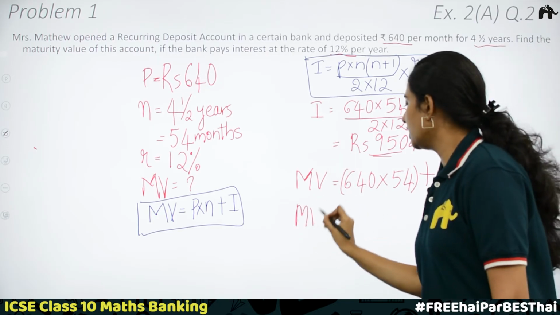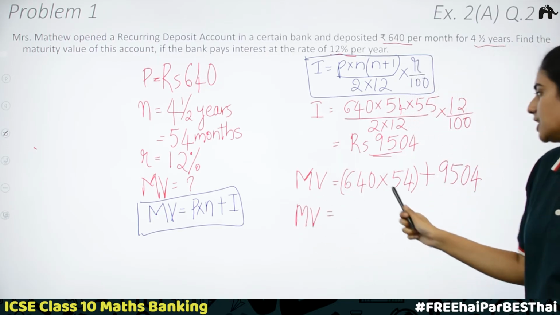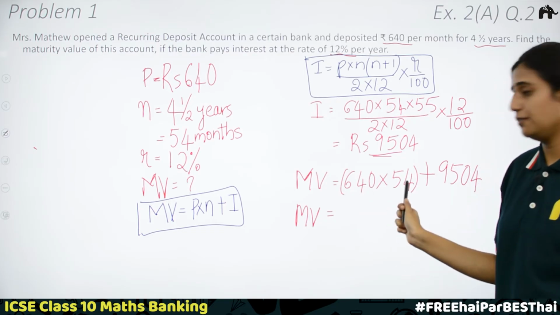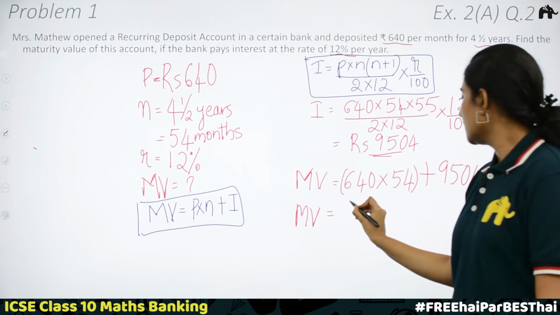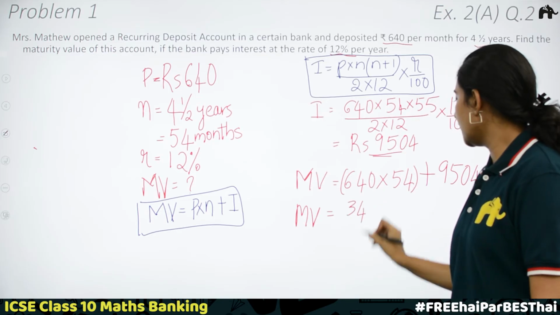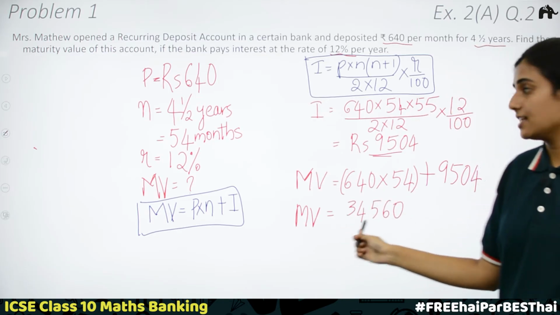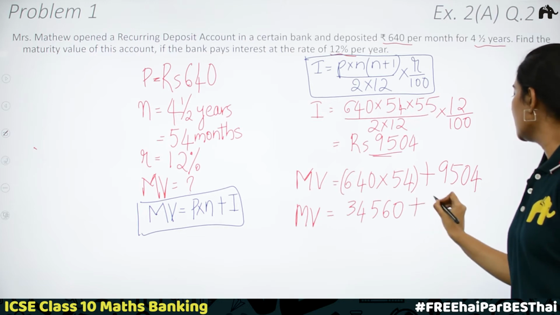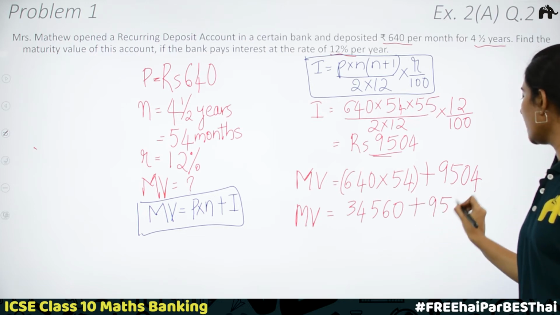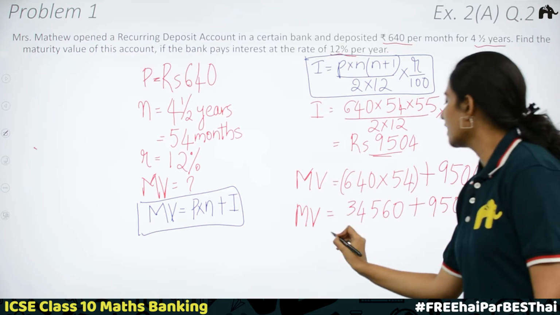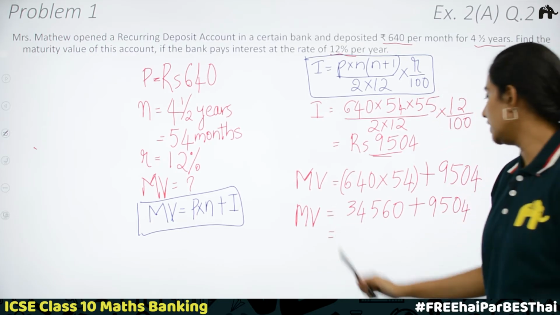Maturity value is equal to, do this calculation, that is 640 into 54. You will be getting 34,560. Check this answer. Plus 9,504. On adding, you will be getting the maturity value.